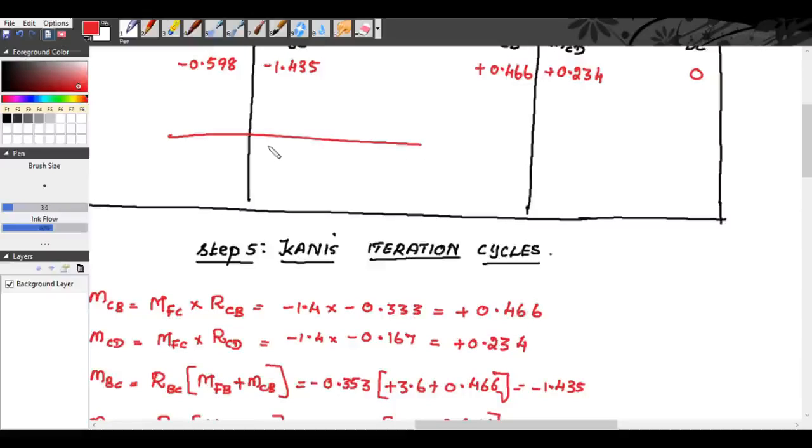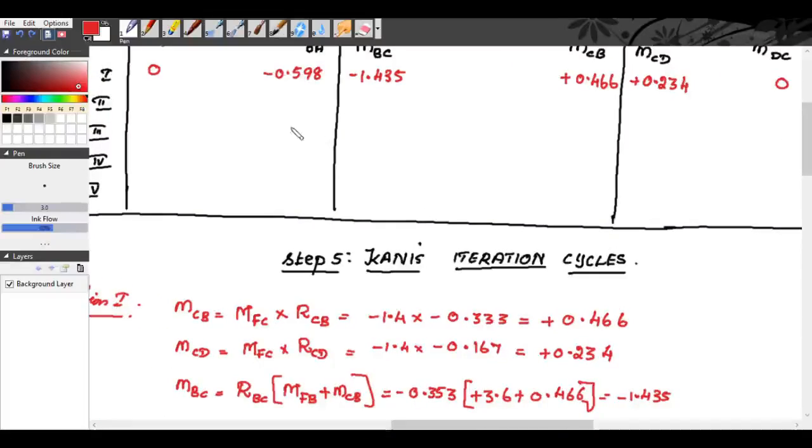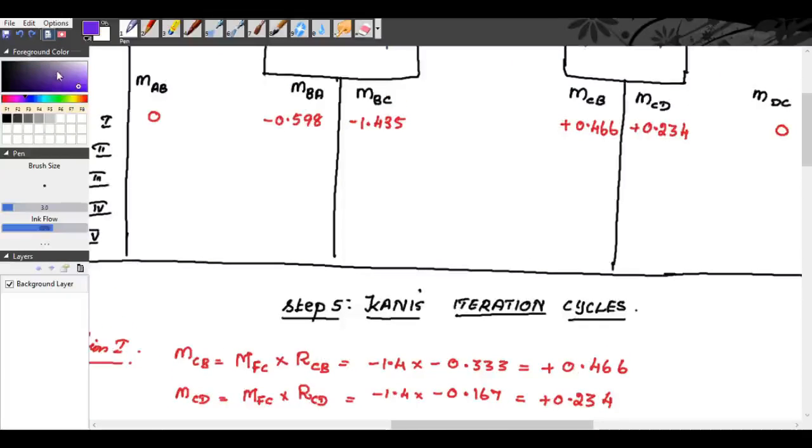If the far end is fixed, it will carry all the moments. There is no rotational contribution from fixed support to intermediate support. Only the contribution is from intermediate support to the fixed supports. So first iteration is over. Now we will move on to second iteration.